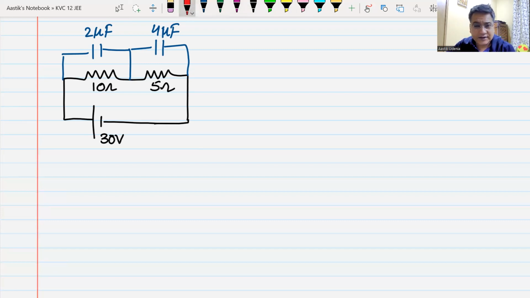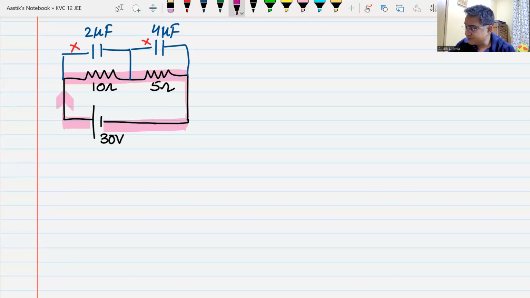You must understand that at steady state, no current will go in this branch. No current will go in this branch. The only way current can flow is like this. What is the value of current?